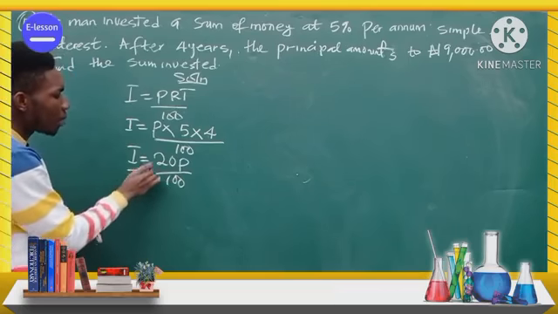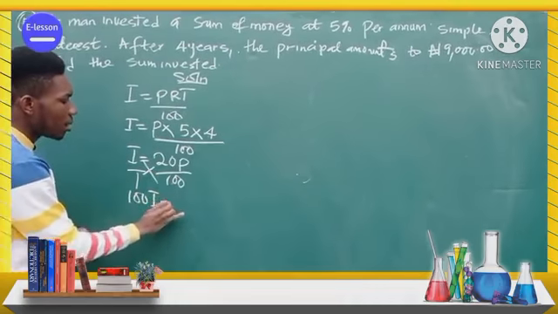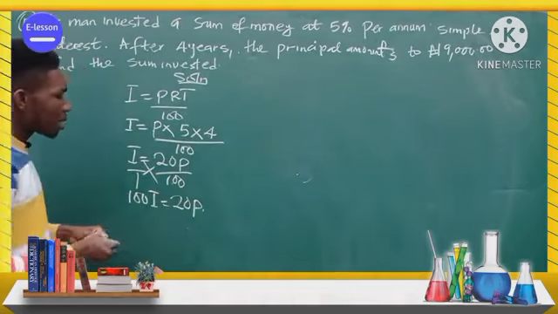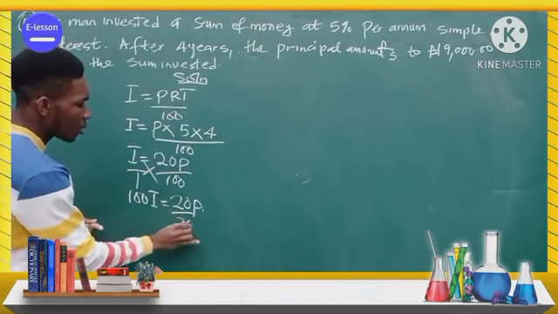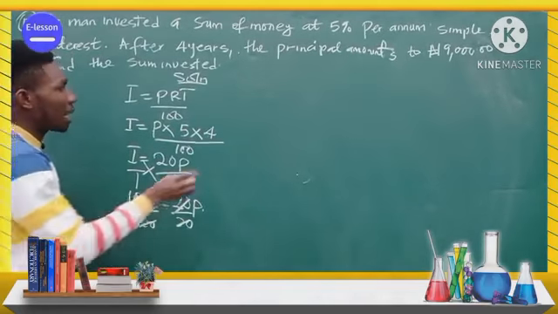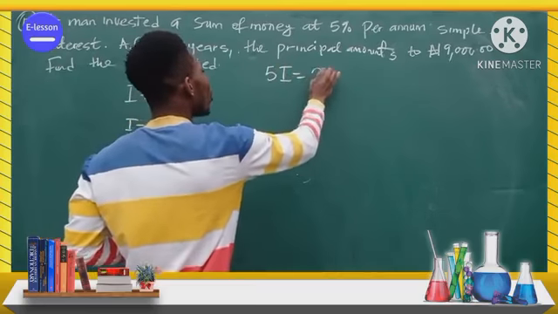We can cross multiply here. You have 100 times I is equal to 20P. So we can divide both sides by 20, and 5I is equal to P.